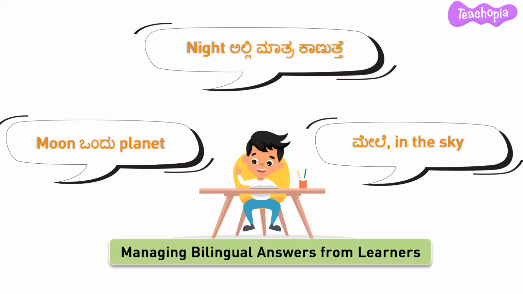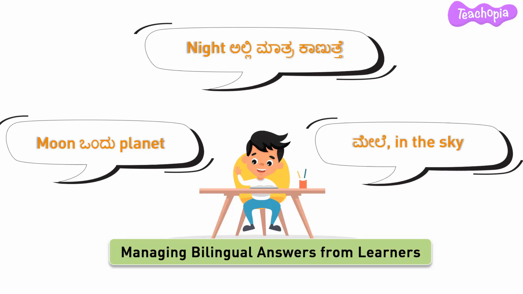Because we just initially saw while explaining the definition of incorrect answers that since it's a language class, the answers might not only be contextually wrong, but sometimes based on the language, it might be considered not very correct or wrong. So what do we do? How do we categorize bilingual answers? How do we manage bilingual answers is something that we need to see.